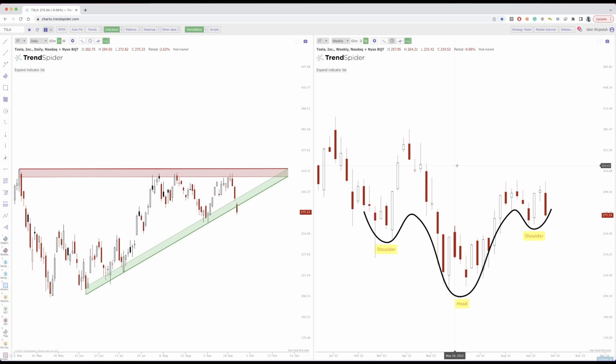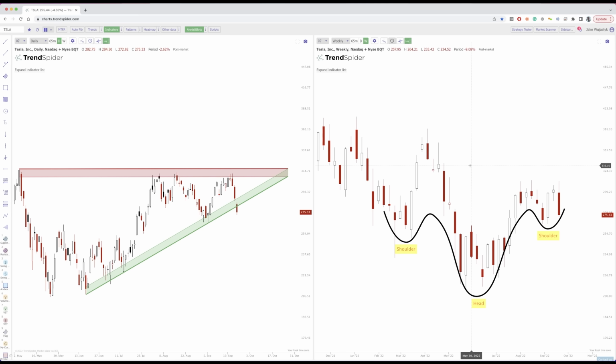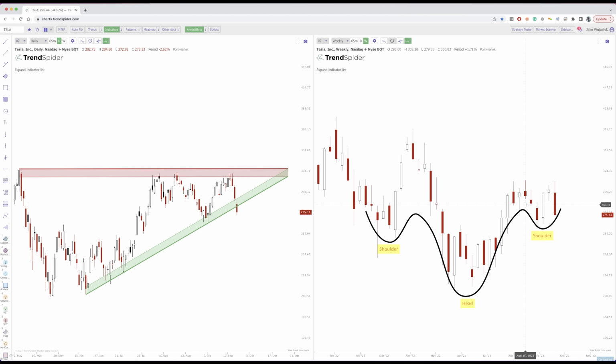But we're looking at the weekly chart, so you want to use the weekly closes as your invalidation area rather than daily closes. So if we close on the weekly below 260, I think that's definitely your invalidation point here. But for now, potentially an inverse head and shoulders with this right shoulder possibly still consolidating and forming. But we'll see how next week goes, and we will reevaluate as price action evolves.